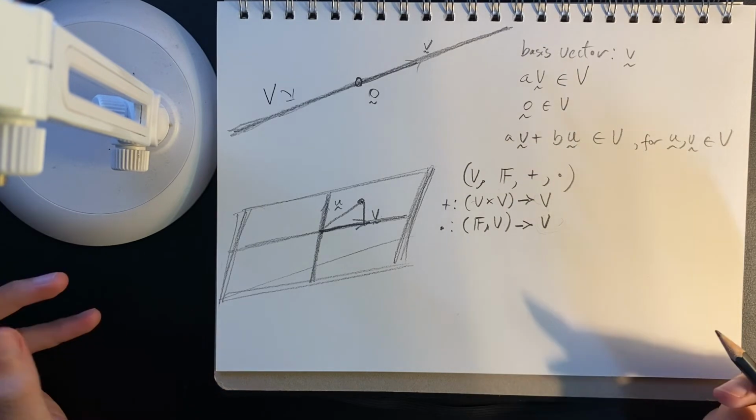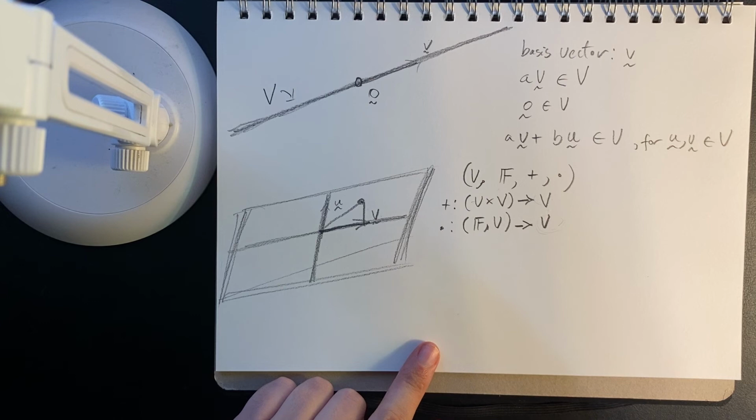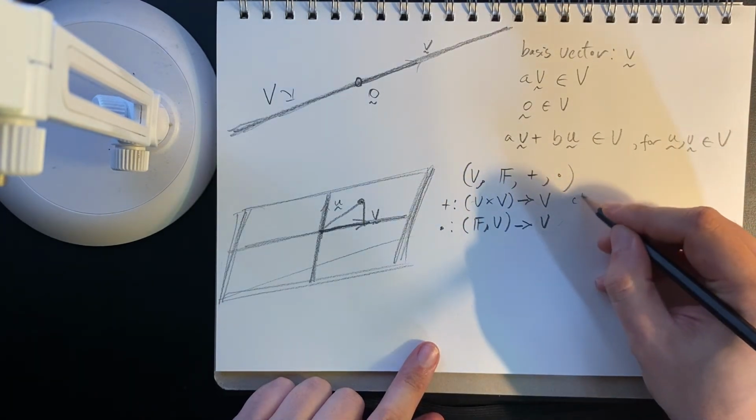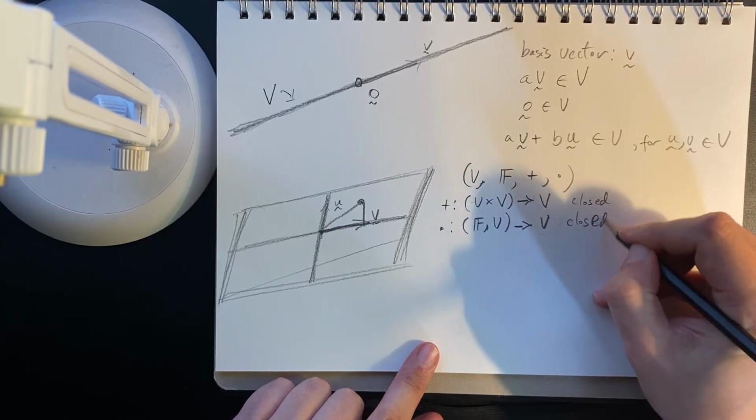Now, to give the formal definition, I'm sort of spiraling into the formal definition. So what we have is that these operations are both closed, so the result will always be within the vector set.